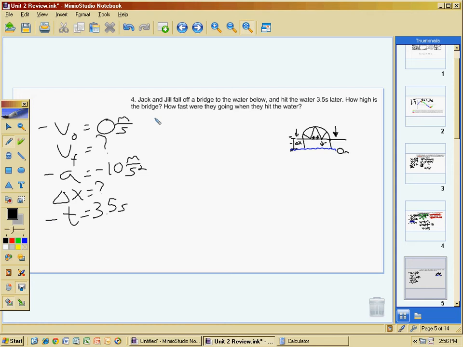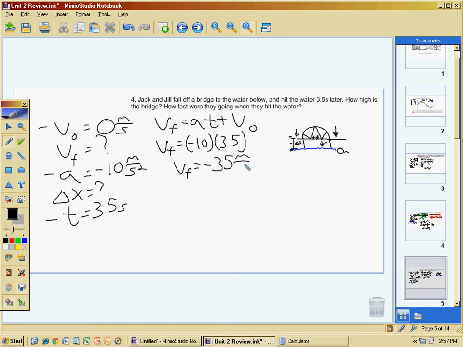Why not use the first one? Plug in what we know. A is negative 10. Time is 3.5. And V naught is 0, so we can safely ignore it. V final must be negative 35 meters per second.